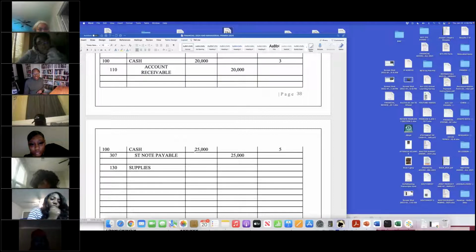We said our journal entry type was 7. In this case, we paid out cash, so cash is going to be credited. Whenever we pay out cash, it's credited $1,000. Any questions?